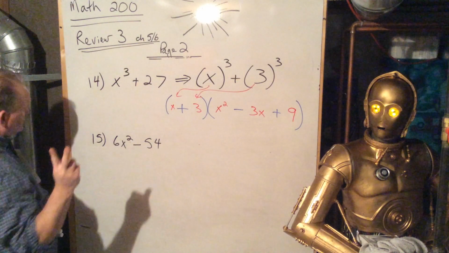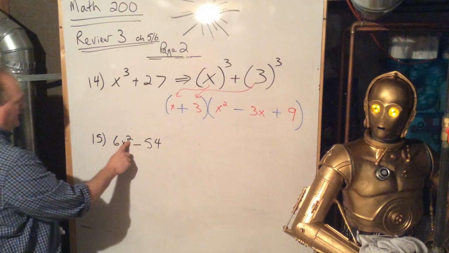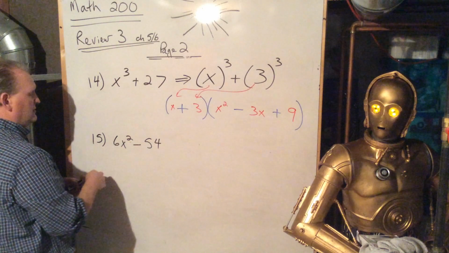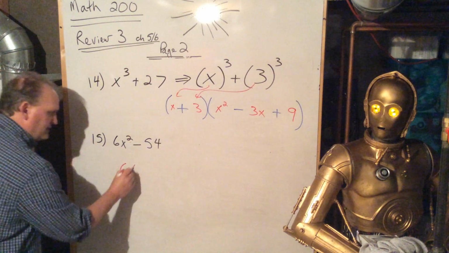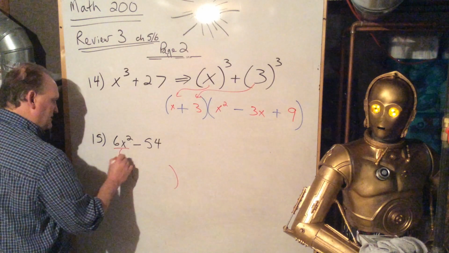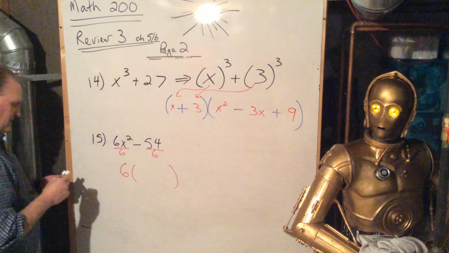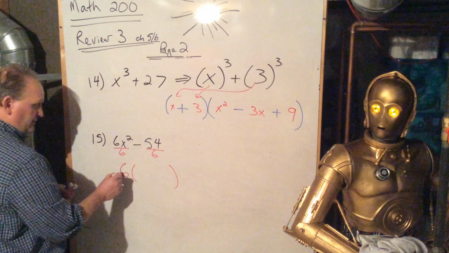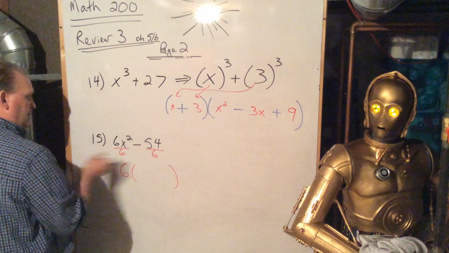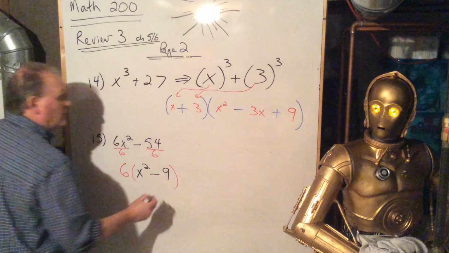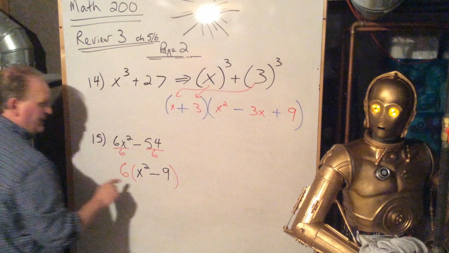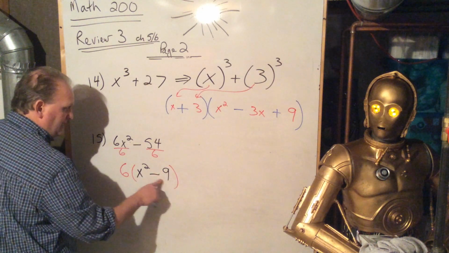This one only has 2 terms, but it's a second degree. And so the first thing I would do is factor out a 6. So let's factor that 6 out front. And then whatever we write there, we put it underneath. So that's x squared minus 9. Ooh, so we're not done because that's a perfect square minus a perfect square.